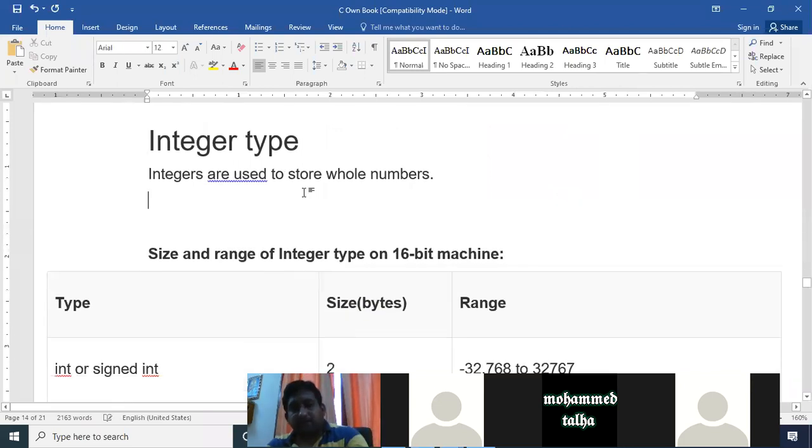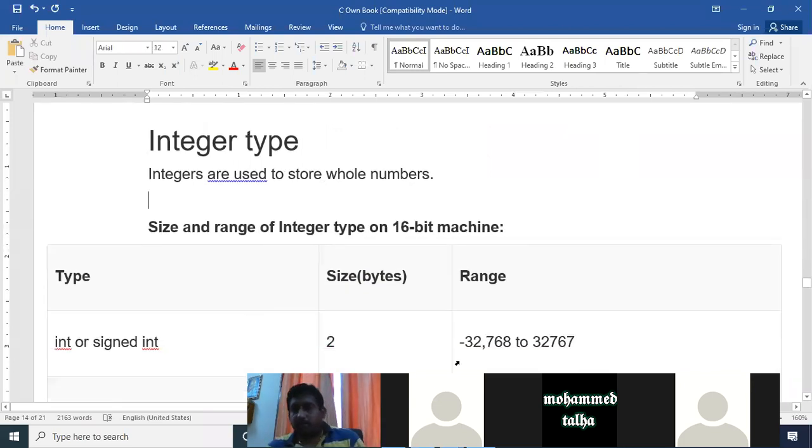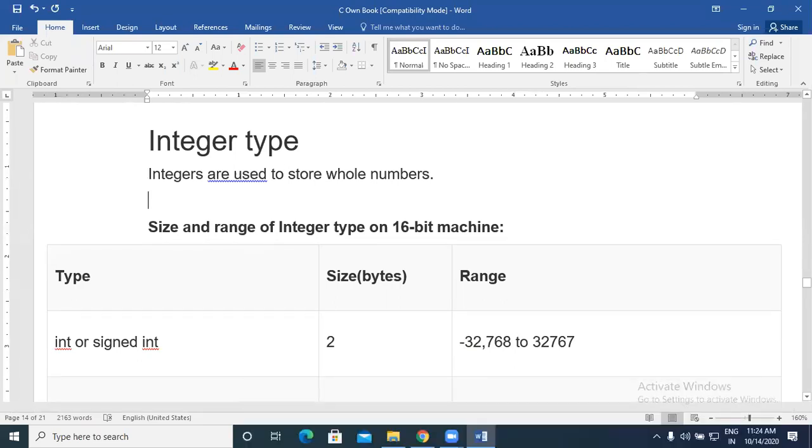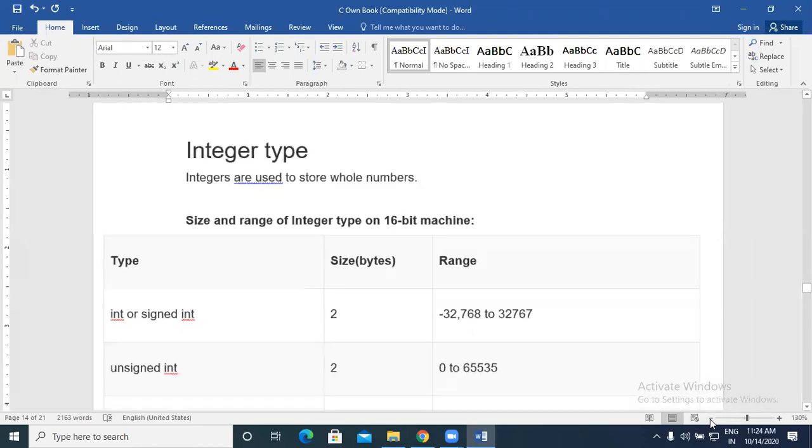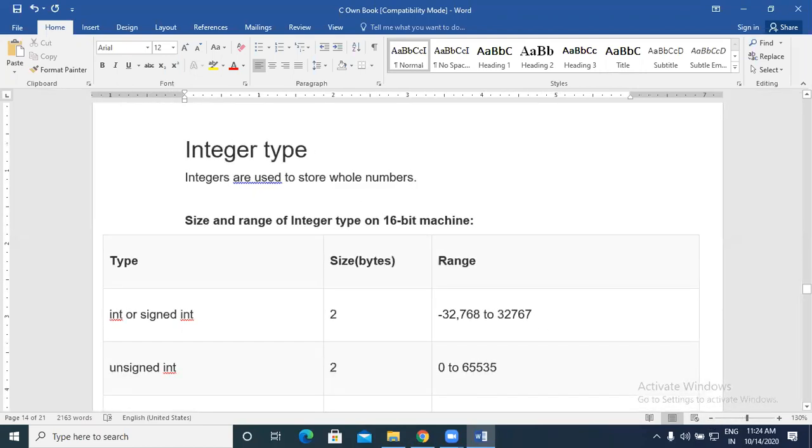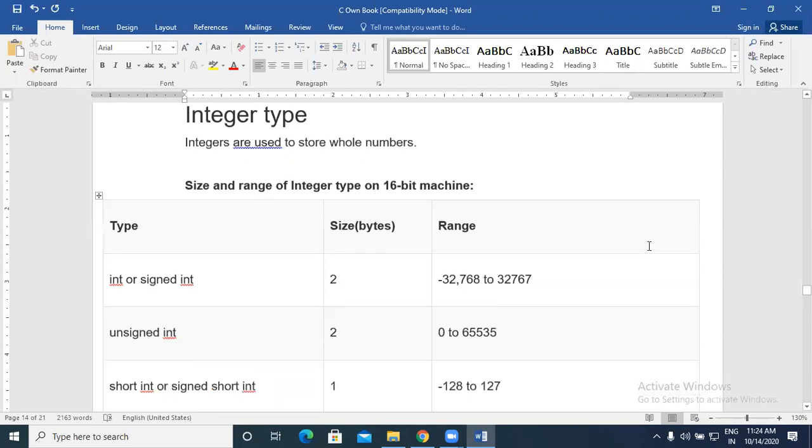Already we discussed integer in constants. So the integer data type is used to store whole numbers. Whole number means without a decimal point, right? It accepts your value without a point. That is an integer, right?